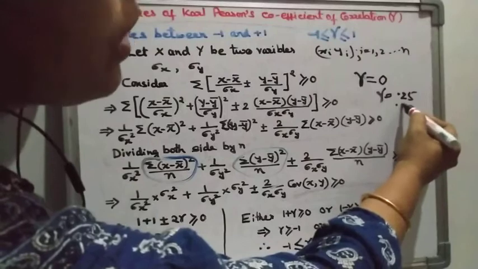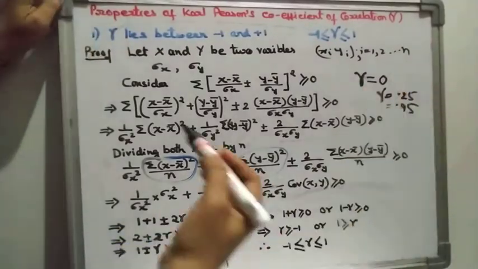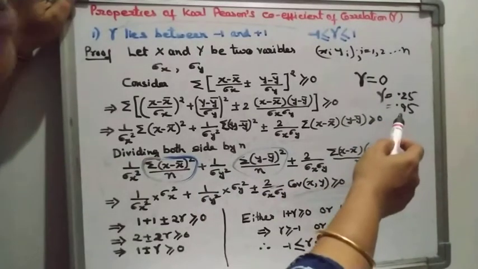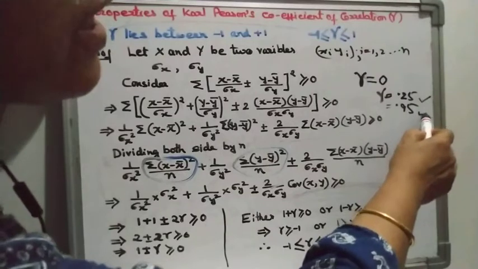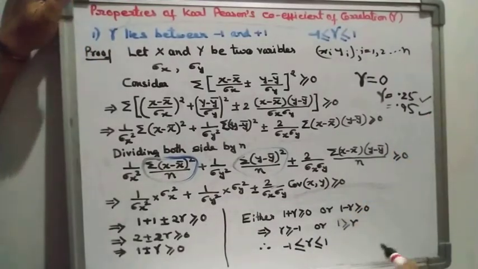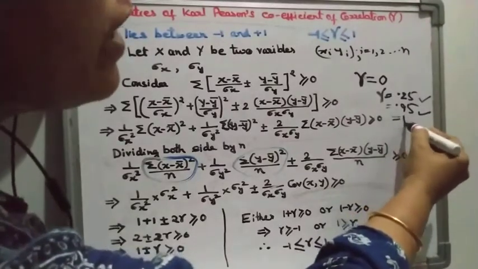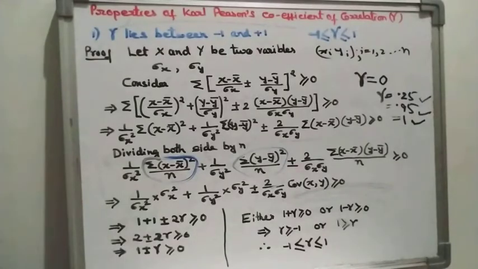If you get 0.95, not exactly 1, it means it is a strong positive correlation. In both cases positive correlation is there, but here it is weak and here it is strong. And if it is exactly 1, that means perfect positive correlation.